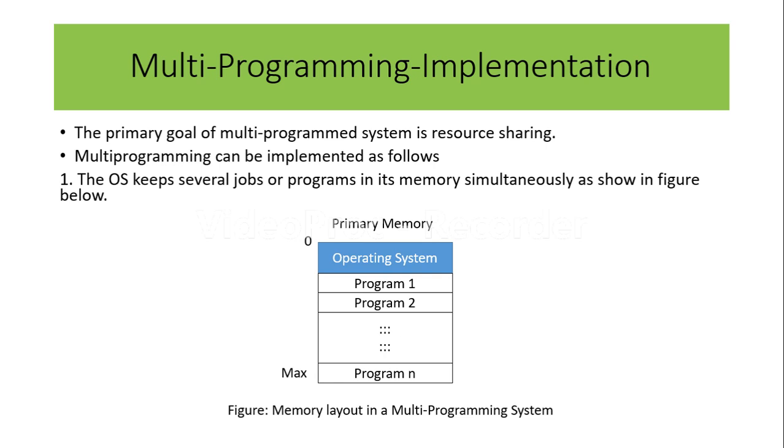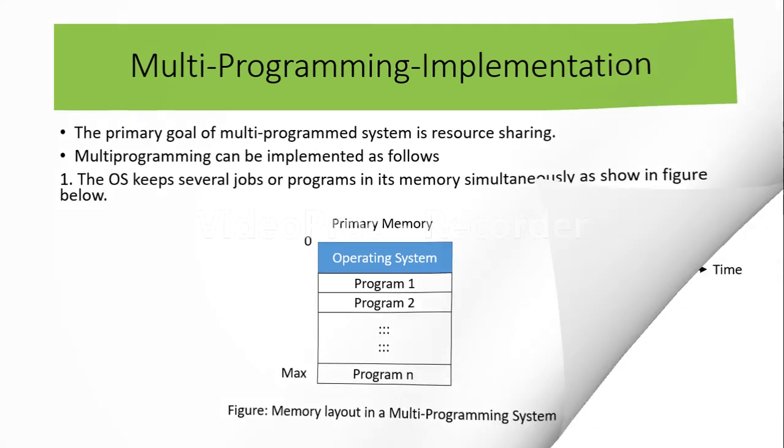Let us say the operating system has fetched program 1 for execution, and during the execution of program 1, it may need certain IO operations to be completed. IO operations are nothing but input-output operations. So when program 1 needs certain IO operations to be completed, the operating system should switch to the other program. Let me show you here.